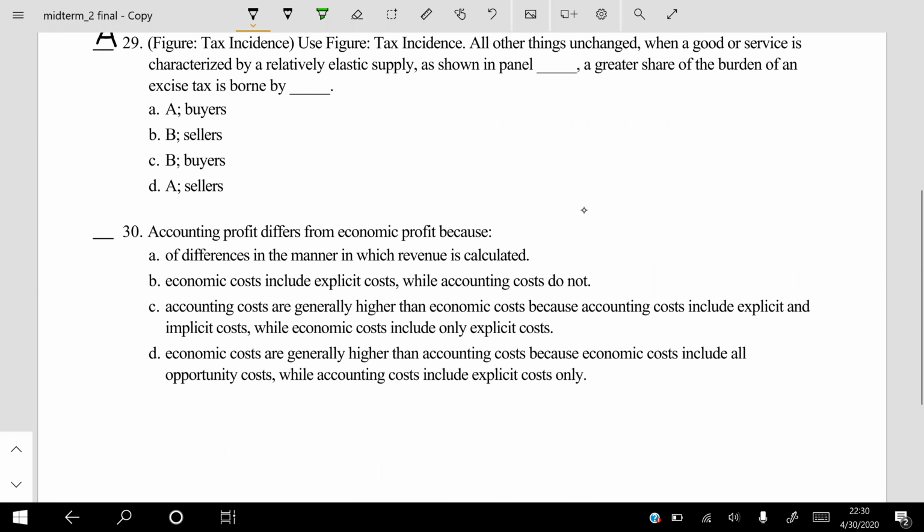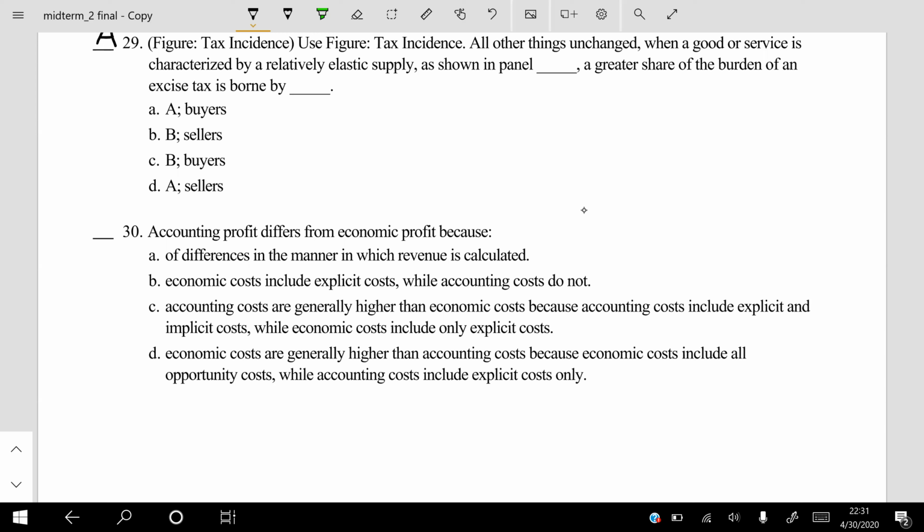Accounting profit differs from economic profit because of the differences in the manner in which revenue is calculated. Economic costs include explicit cost. Accounting costs do not. Accounting costs are generally higher than economic costs because accounting costs include explicit and implicit cost, while economic cost only includes explicit.